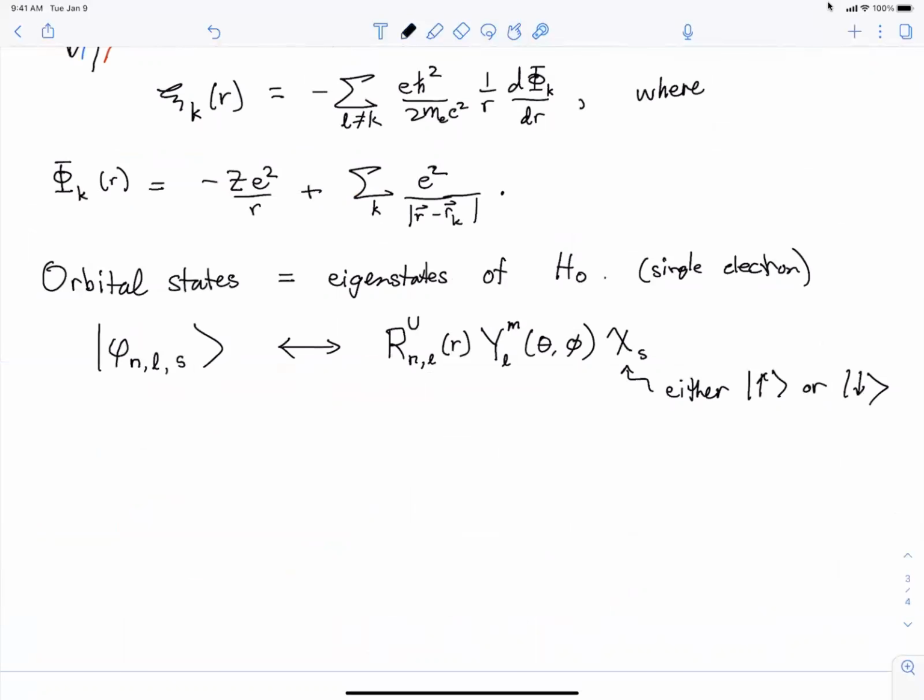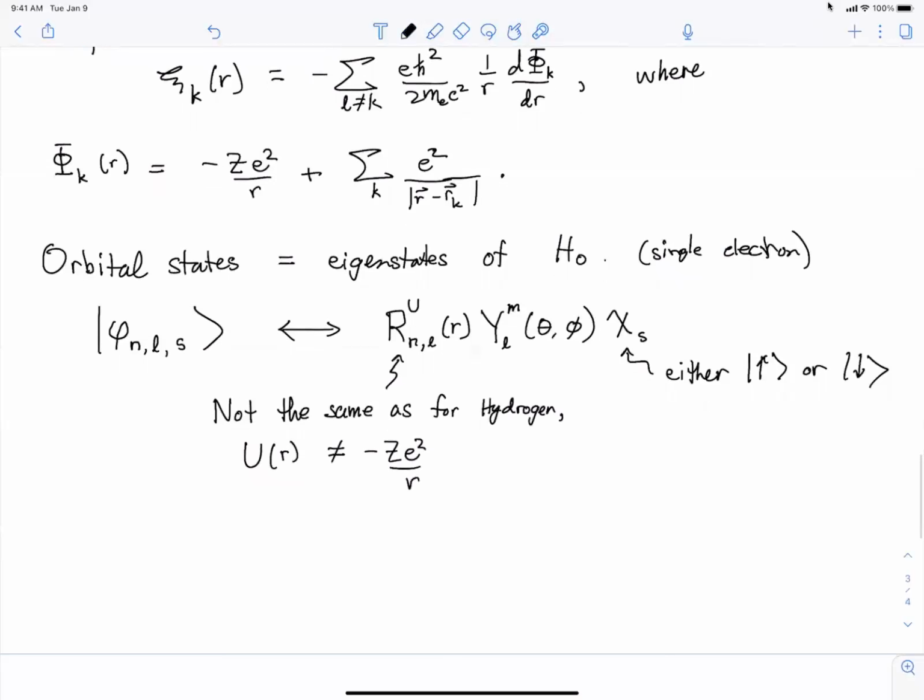Just to make some notes about this, this R function is not the same as for hydrogen, not even after rescaling for Z. That's because our central field potential is not the same thing as minus Z e squared over r, but it's qualitatively similar, at least we hope.